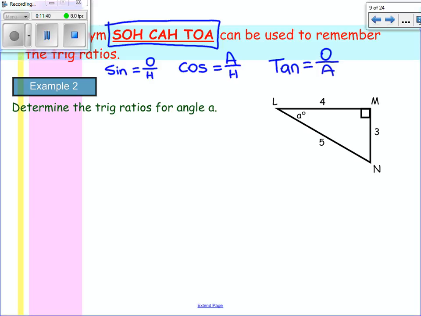Make sure you're labeling it correctly. Once you've labeled it correctly, see if you can fill out what your 3 trigonometric ratios would be equal to.